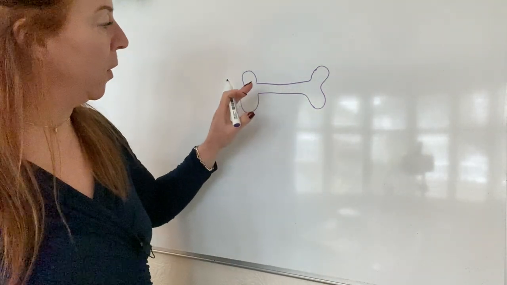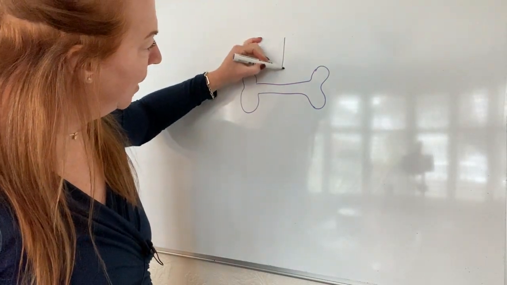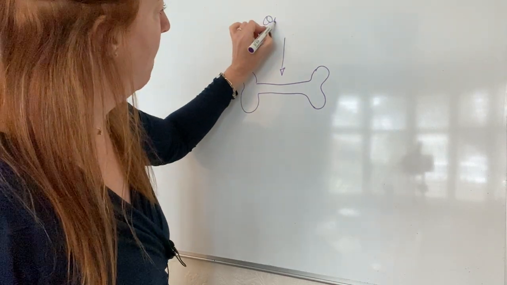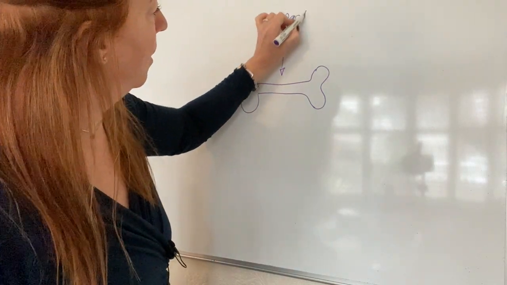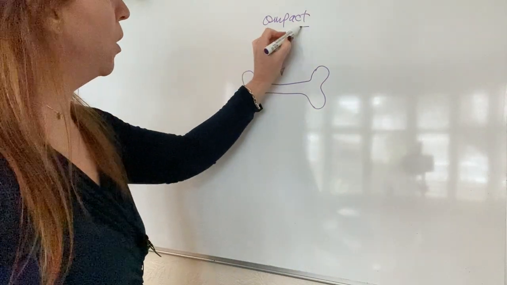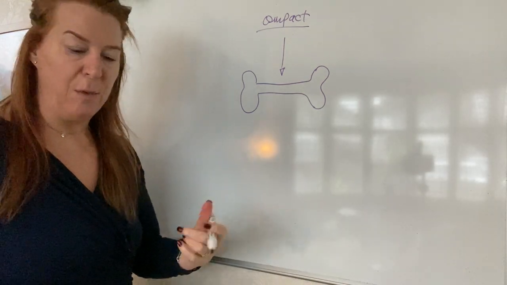There are two sections. This is the dense compact bone, the dense, hard, solid part of bone.